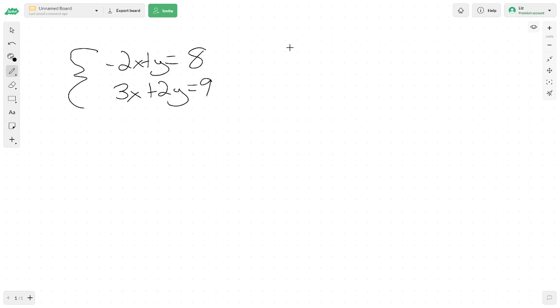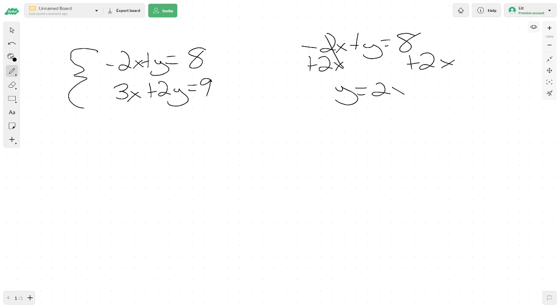So none of these are set up pretty like x equals or y equals. So I'm just going to move things around in this top equation. I'm just rewriting it so I have room to work with it. You'll notice if you add this 2x over here to both sides, now you have y equals 2x plus 8.